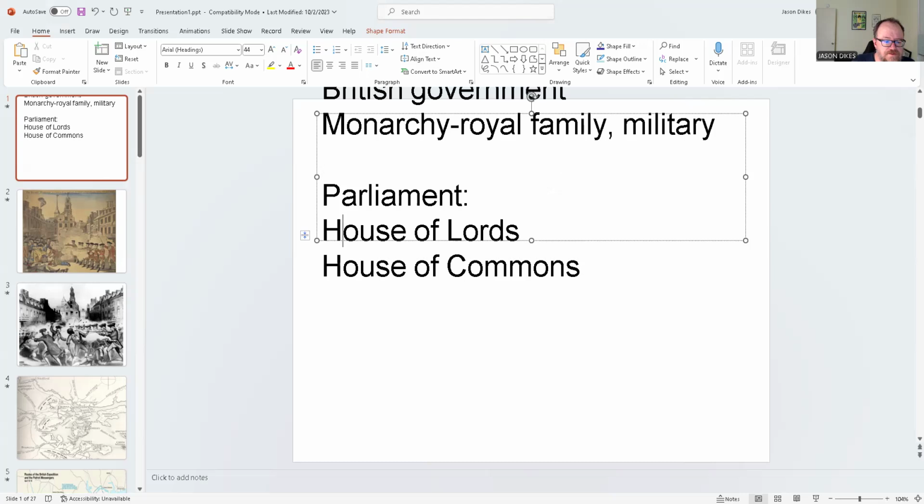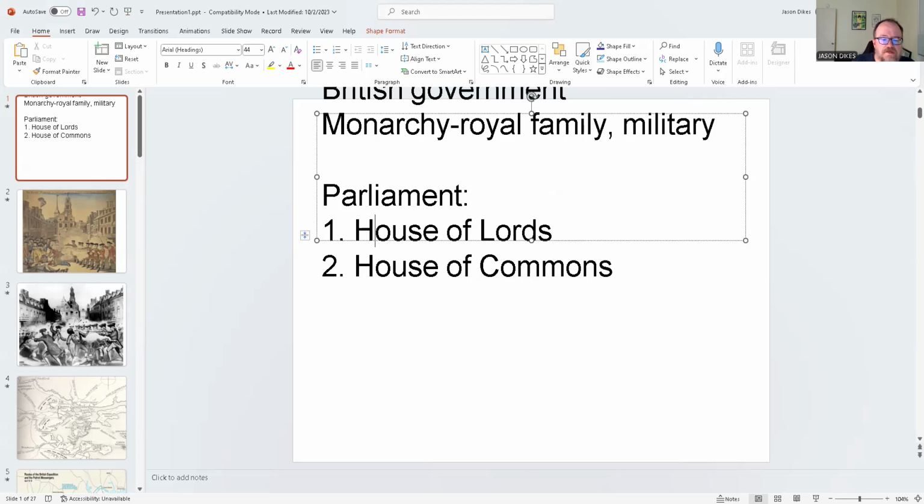Okay, House of Lords, House of Commons. So these are your second and third parts of British government because, again, I'm not going to get into the court system because that is extraordinarily complex.